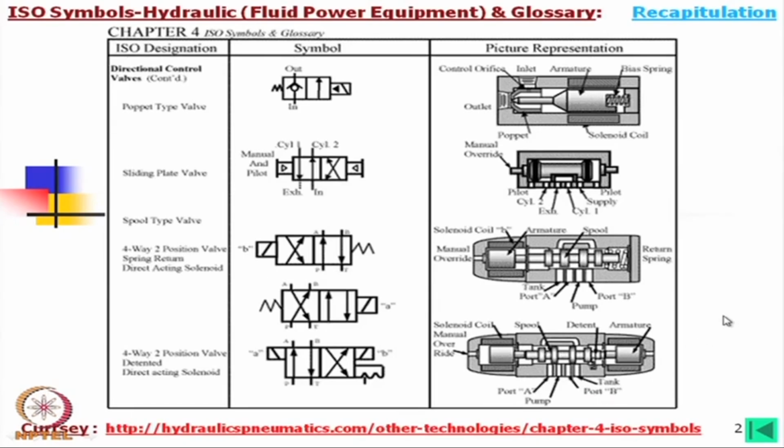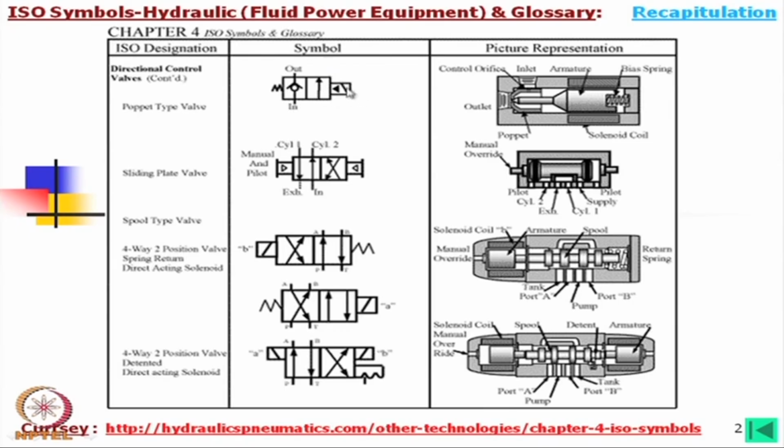Now, first of all, we will recapitulate some symbols. As I have told, this is a poppet type check valve, but it is pilot operated, so that we can make the line flow through. That means the oil normally comes from this side and cannot go to the other side, whereas we can move this poppet to have the flow in this direction.